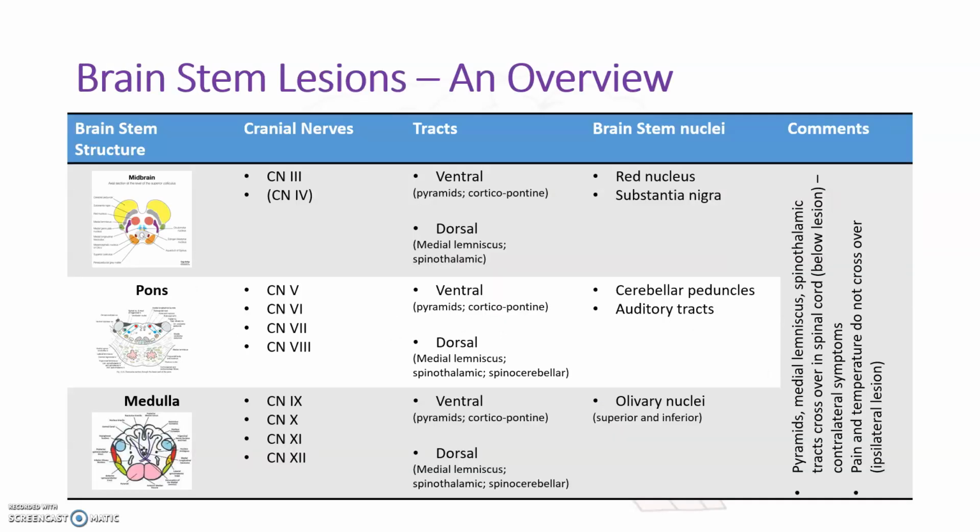Let's just have an overview of the brainstem. It's divided into three parts: the midbrain, pons, and medulla. It's worth remembering which cranial nerves lie where. So in the midbrain we have cranial nerves 3 and 4, and then we need to think about the long tracts that live in the brainstem.